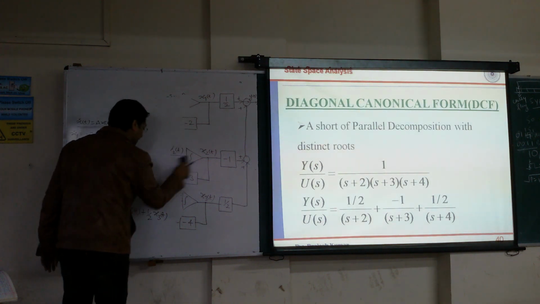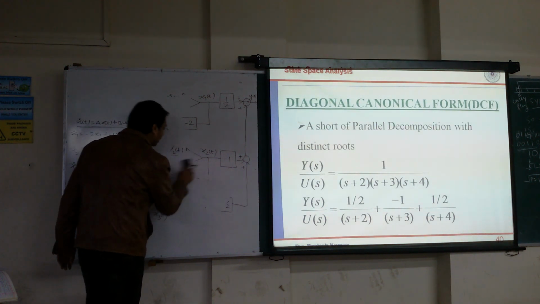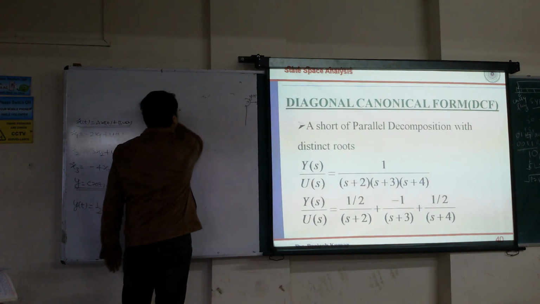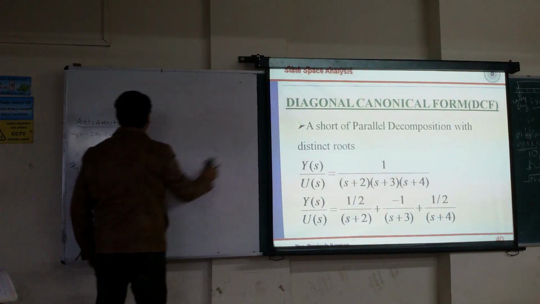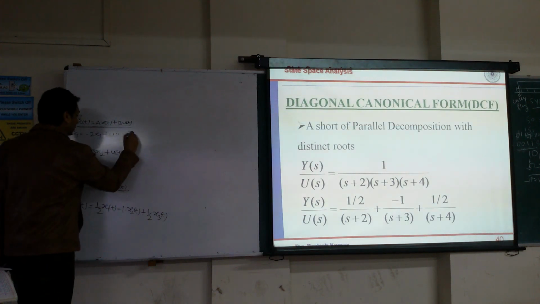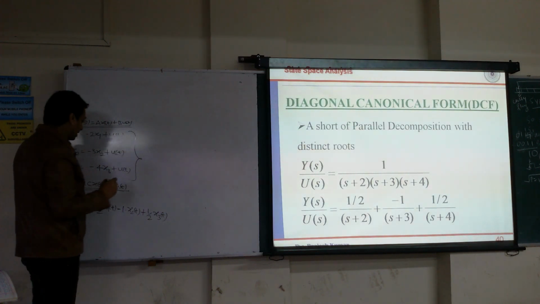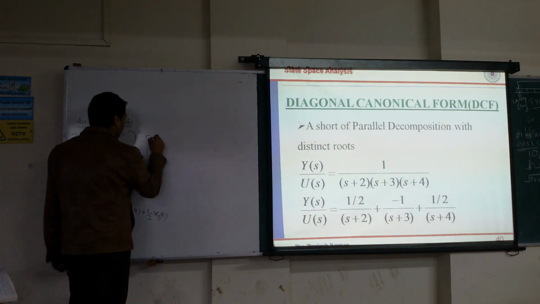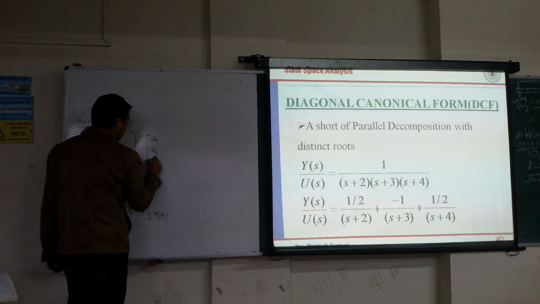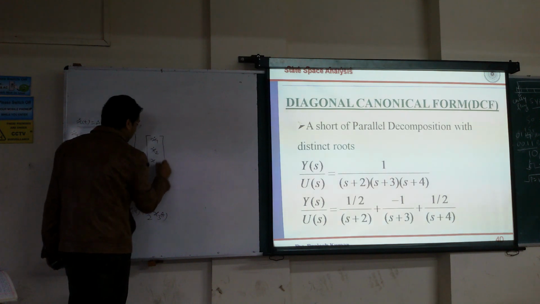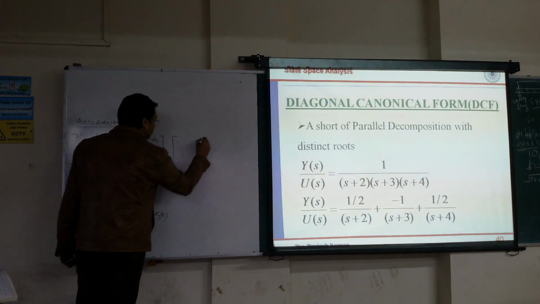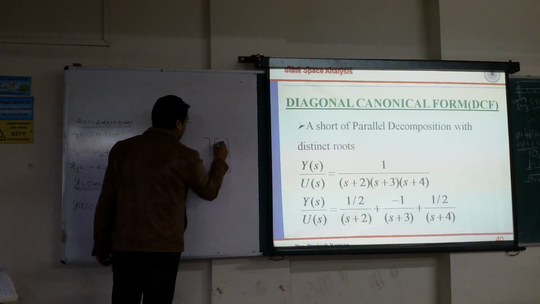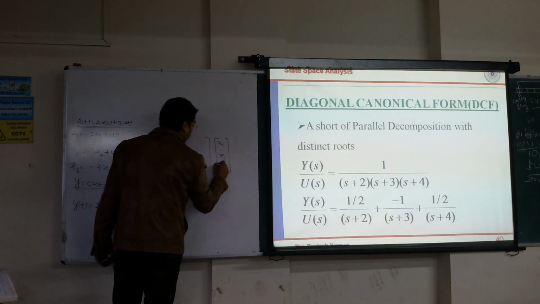So please rearrange this state equation in matrix form. What will you get? If you are going to represent this in matrix form, you will get x1 dot, x2 dot, x3 dot, multiplied by some 3 cross 3 matrix. Here you will have x1, x2, x3.